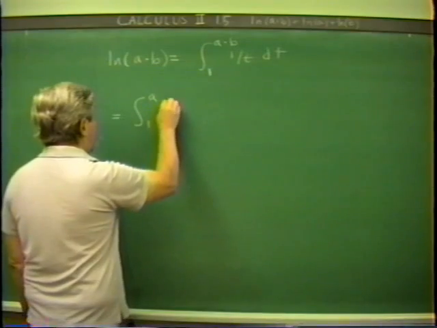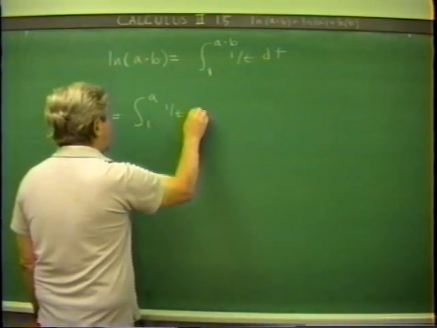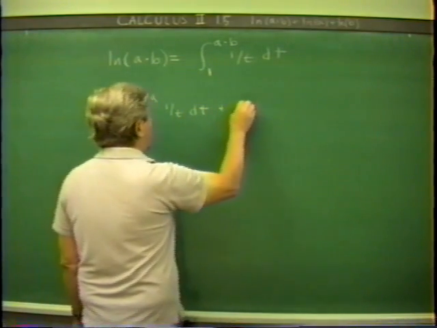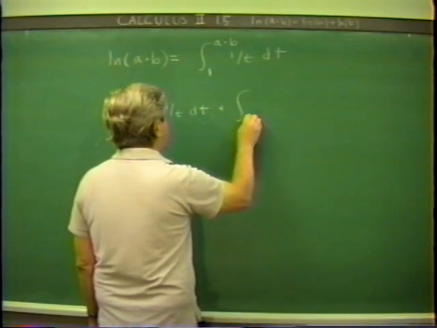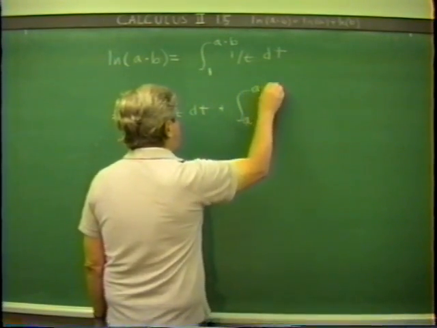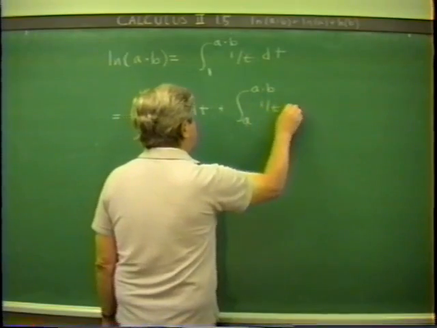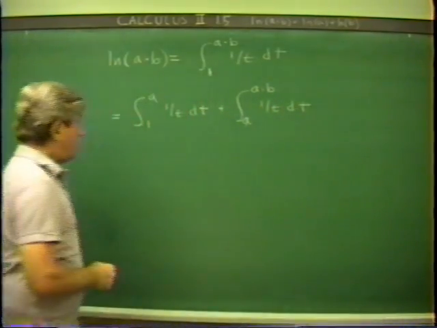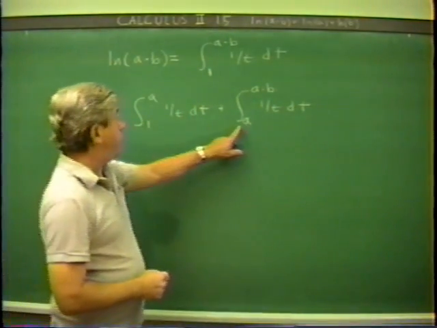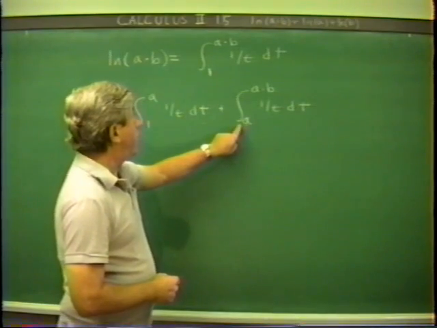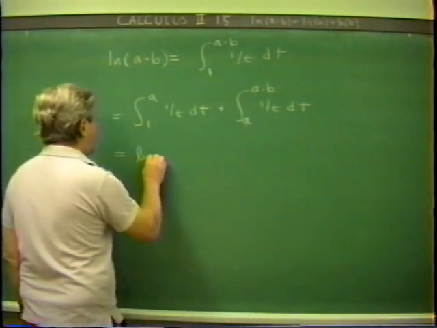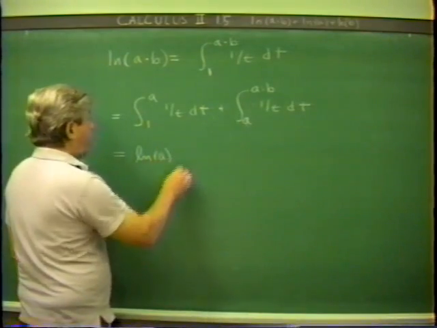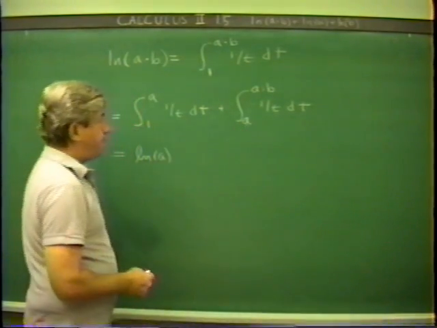And now I can write this as the integral from 1 to a of 1 over t dt plus the integral from a to a times b of 1 over t dt. So what's left here then is to show that this is equal to the ln of b. Because what we have here now is this is ln of a.